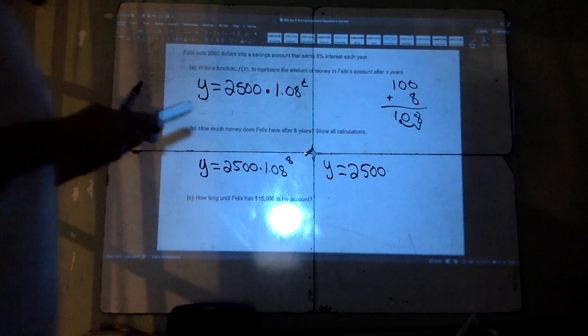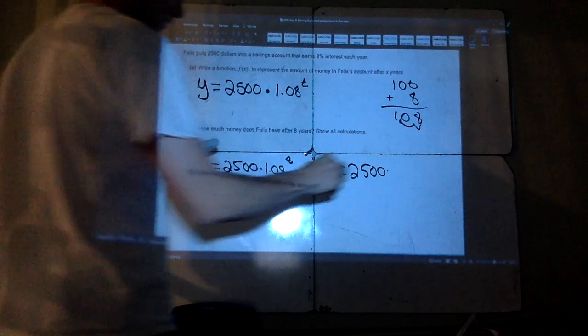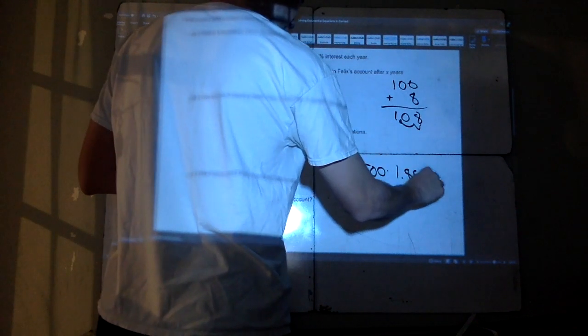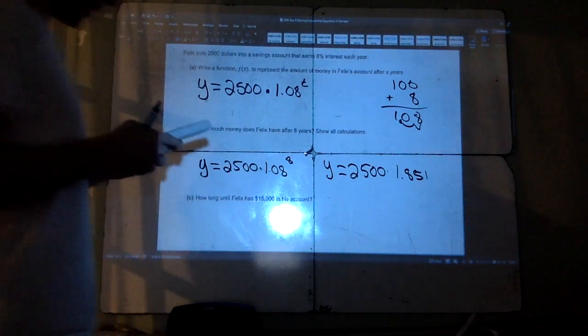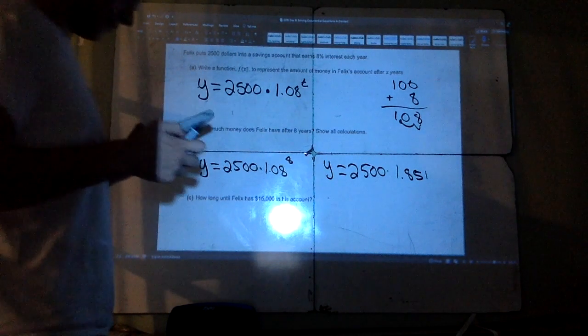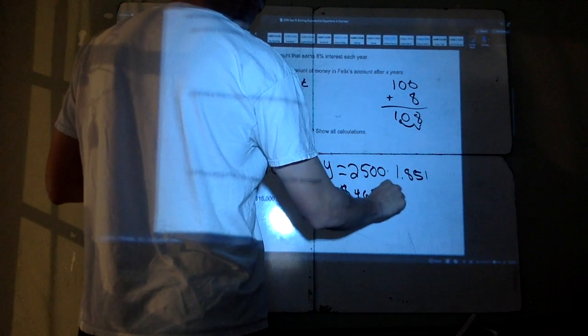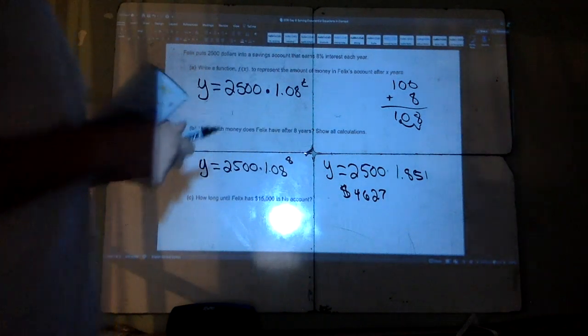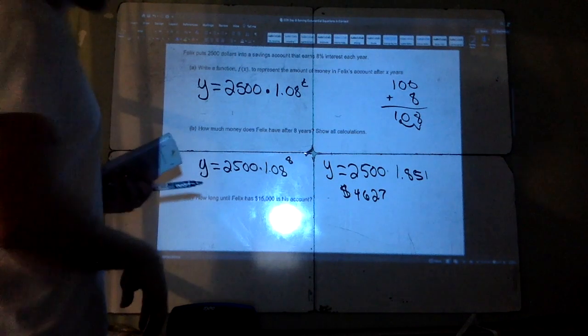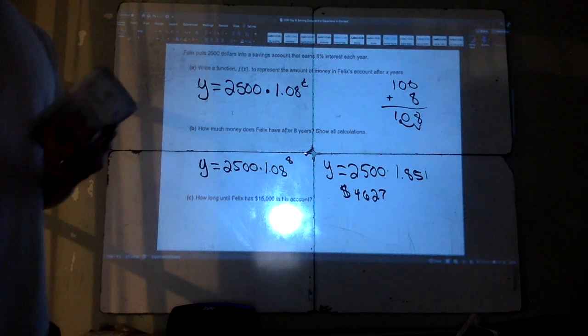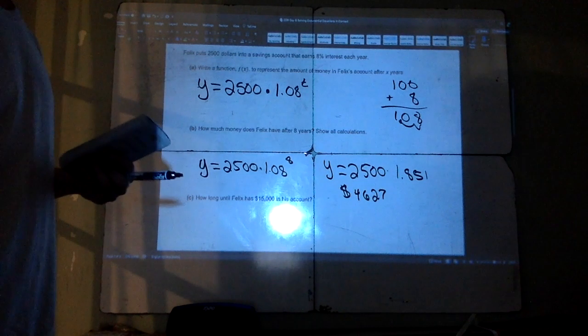And that gets us 1.851. And then we multiply that by 2,500, which gets us $4,627. If you want to add the 32 cents, do it. I don't really care. But that's just like a quarter and a couple pennies.